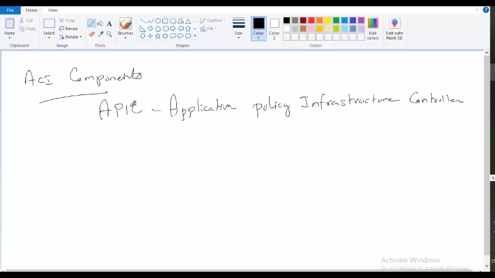These ideas are all copied from the human body. They saw the bird, they invented the airplane. Likewise, they've seen the human body and they have come up with all these ideas: APIC, ACI, SD-WAN.